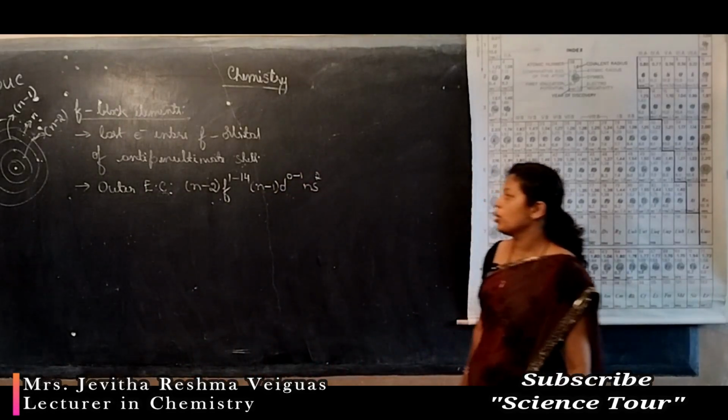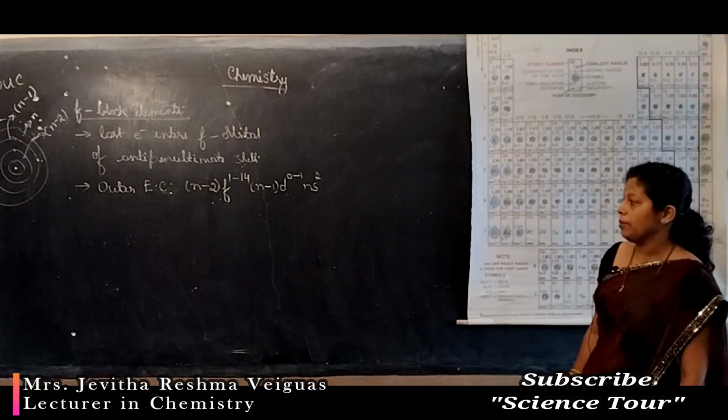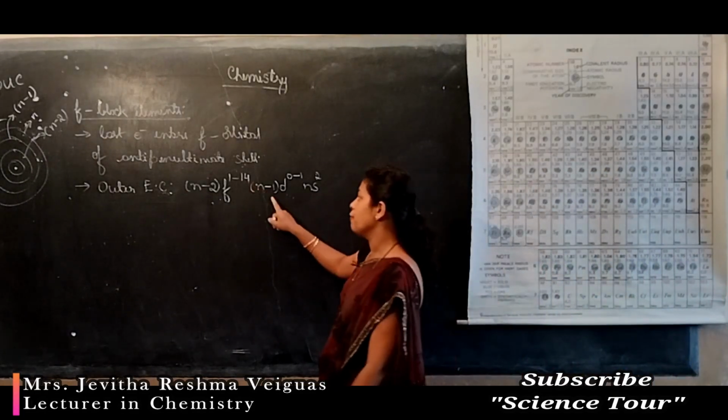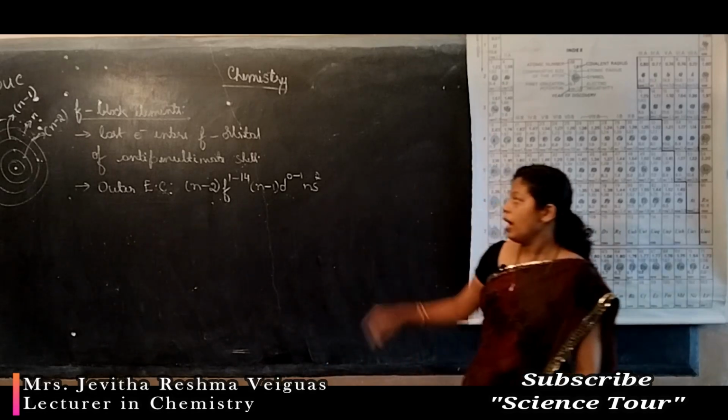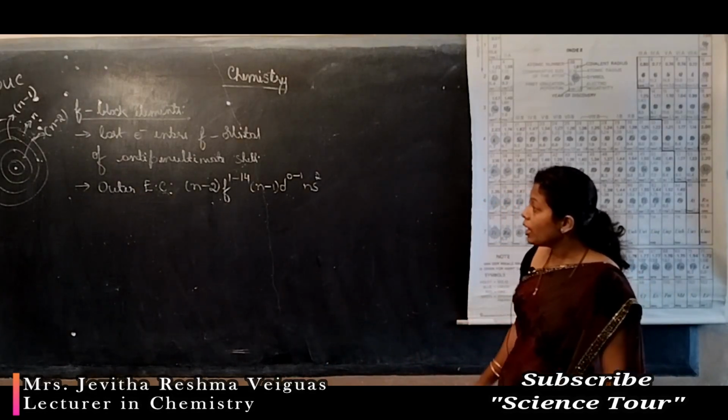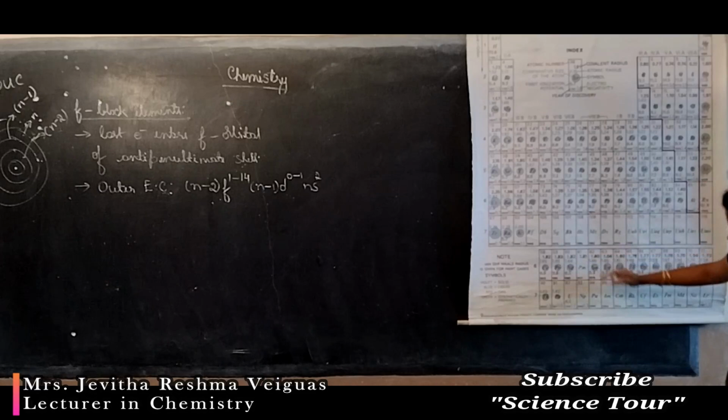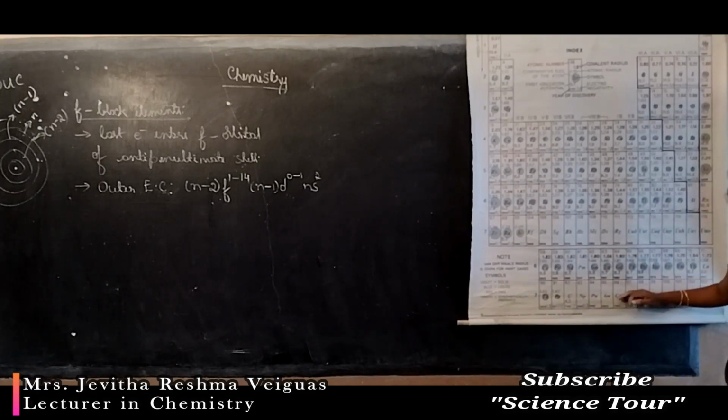This is the outer electronic configuration of F block elements: n minus 2, f1 to 14, n minus 1, d 0 to 1, ns2. Where are these elements? These are placed at the bottom of the periodic table.